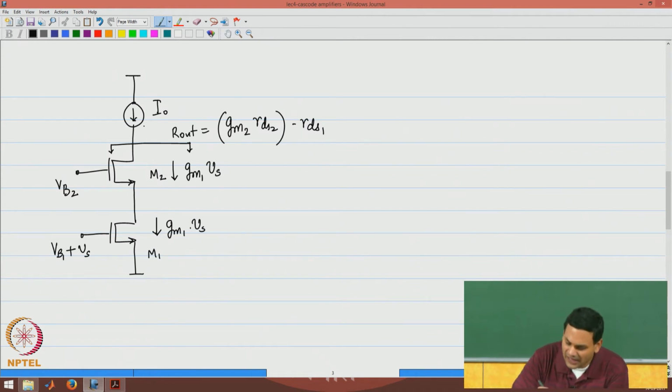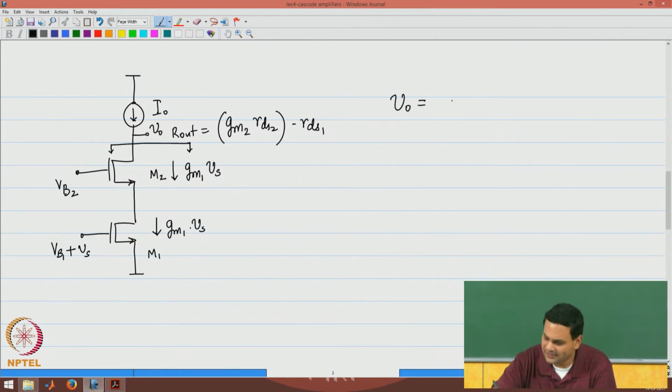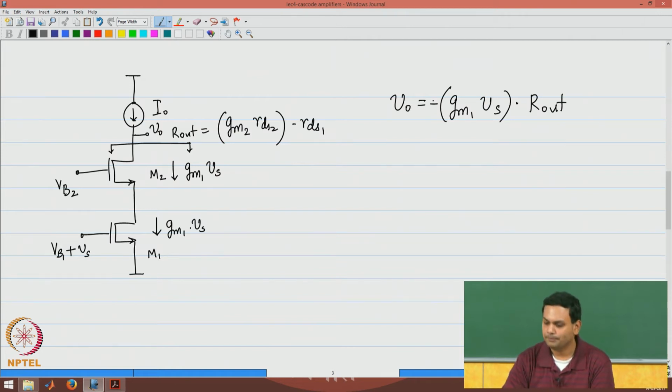Therefore, the output voltage at the drain of M2, VO, is GM1 Vs times R out with a negative sign.